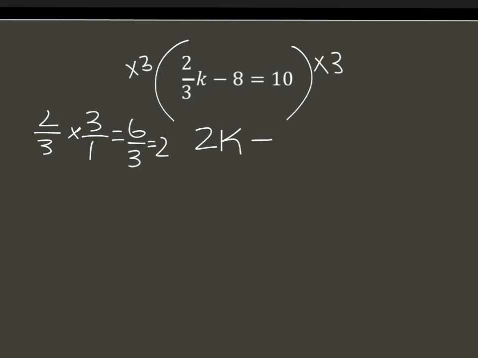Bring down my minus sign. 3 times 8 is 24. Bring down my equal sign. 10 times 3 is 30. And now this is a two-step problem that has no fractions in it, which I 100% prefer.